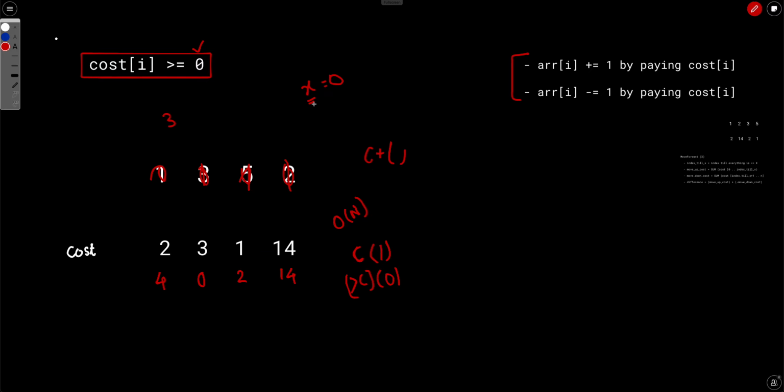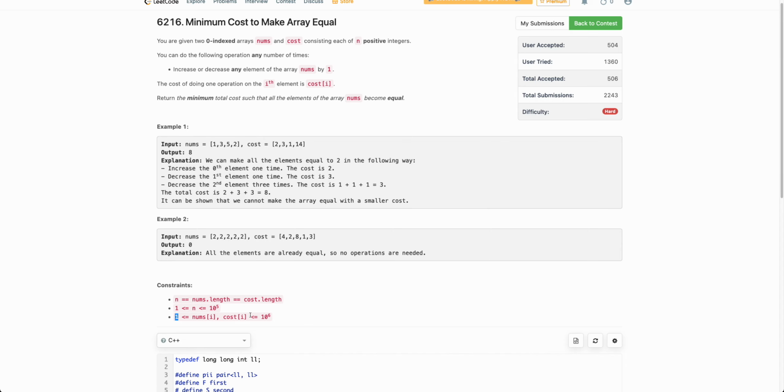Okay. So now a similar argument can be made for making everything greater than 10 to the power 6. You will not want to make anything here greater than 10 to the power 6, because 10 to the power 6 is the maximum element in our array.